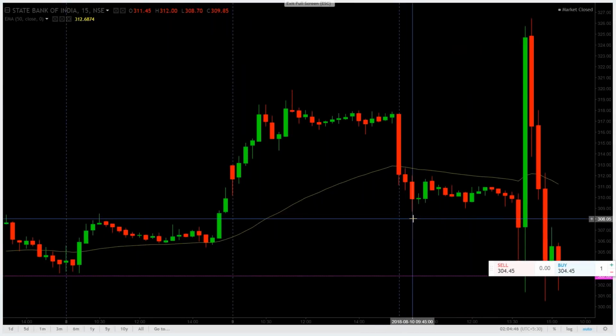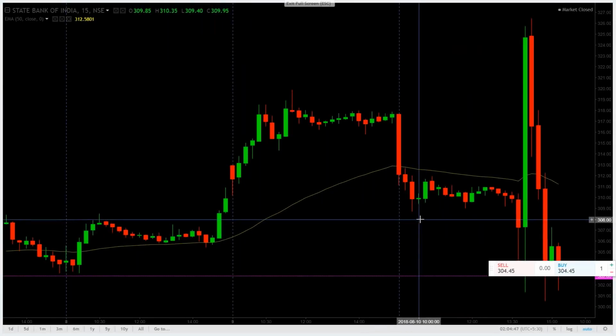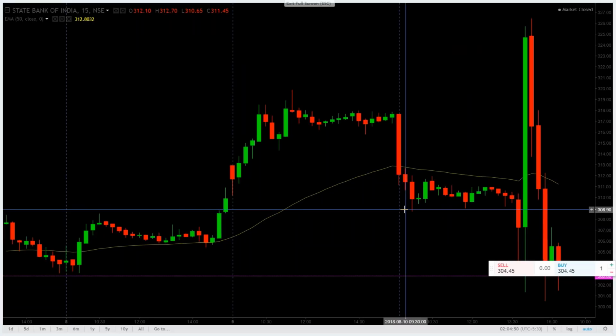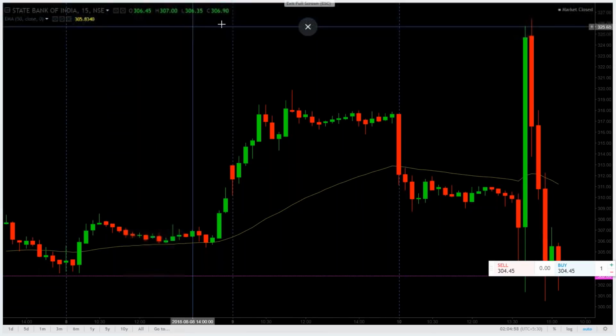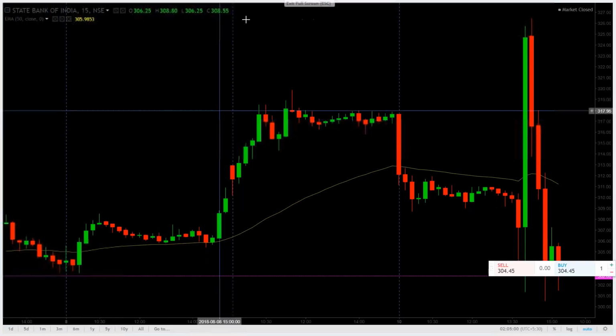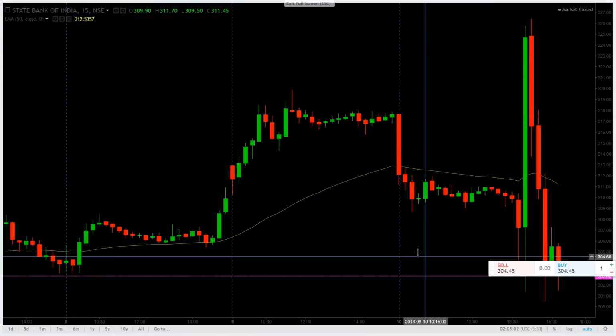Okay, let me take it to full screen so that it becomes easier for you to watch. So the second, third, and fourth candles you can see very clearly, and you can also see what's the high of these three candles. The high of these three candles is 312 rupees 70 paisa. In order to see the high and the low of the candle, you can look into this top portion of the screen, where the price will keep changing.